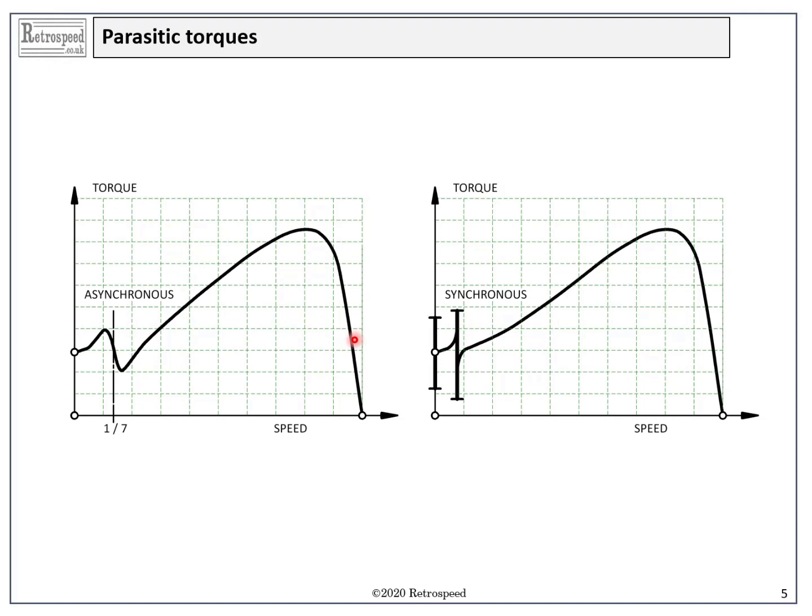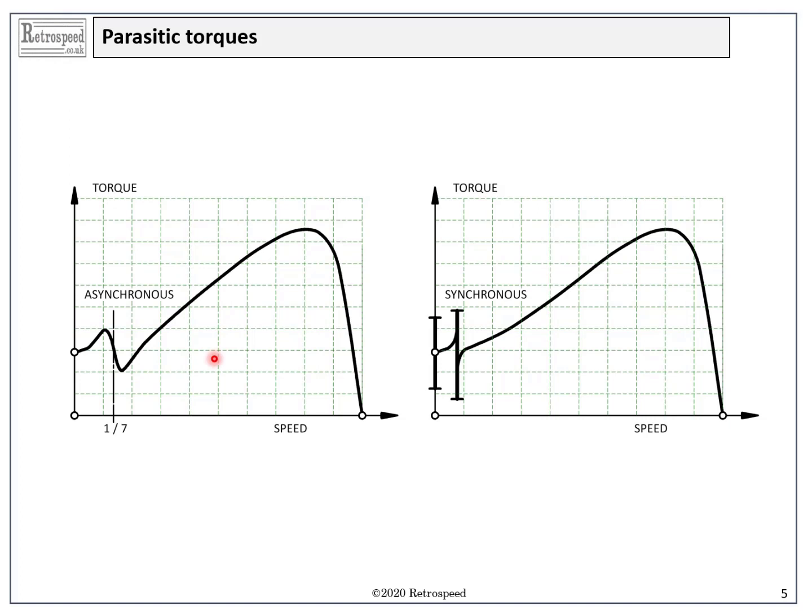The precise operating speed depends on the intersection of the speed-torque curve of the load and that of the motor. There is, of course, no standard load curve, and we're not showing a load curve here, but we can say that fans and blowers have a torque which increases more or less quadratically with speed, while compressors and conveyors tend to have a flatter curve nearer to a constant torque characteristic.